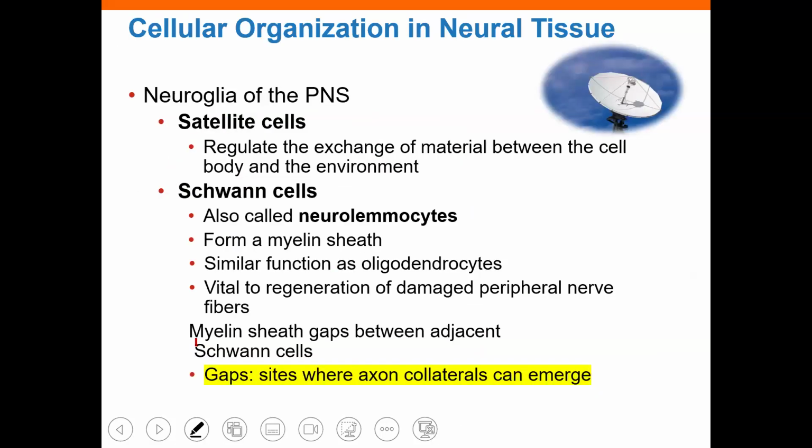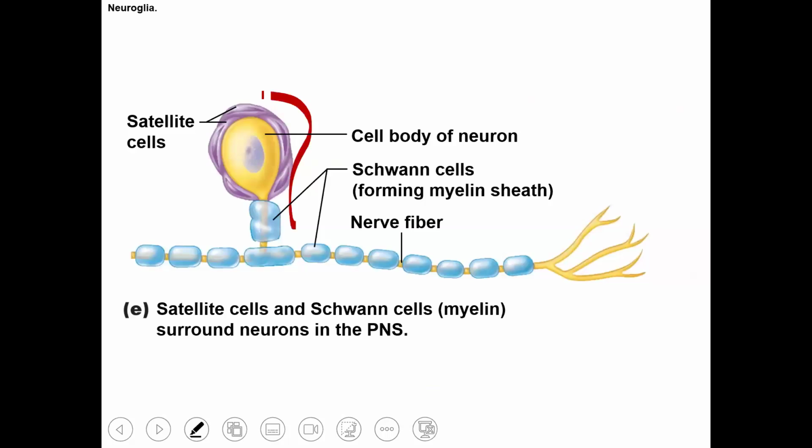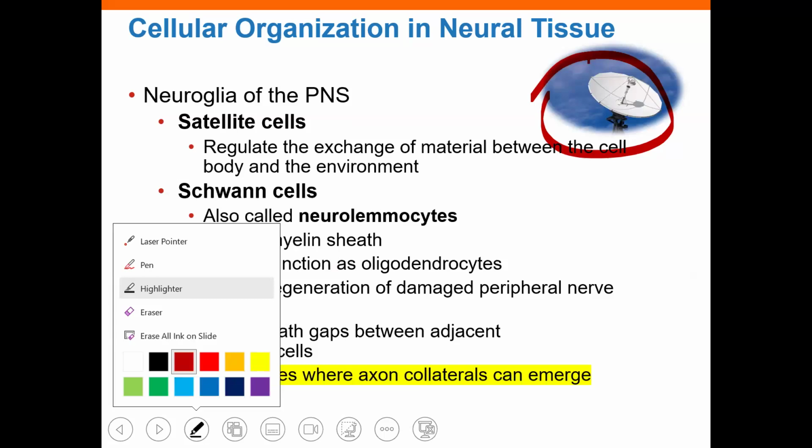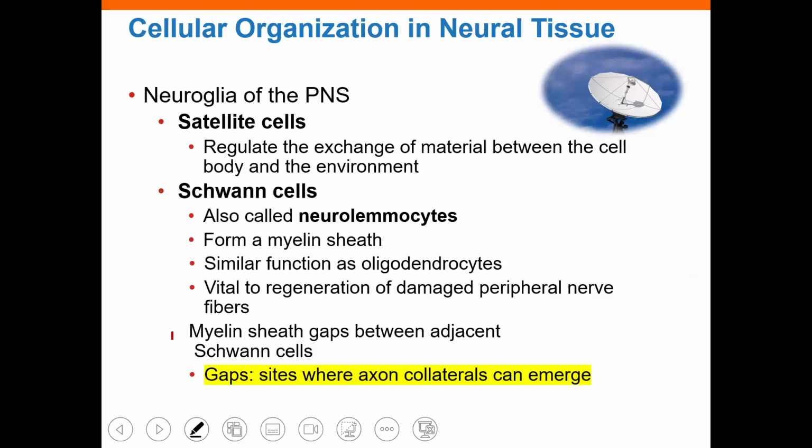So our neuroglia of the periphery here, so our satellite cells. So you can see the little satellite here, and it kind of looks like a little satellite, doesn't it? So our satellite cell regulates the exchange of material between the cell body and the environment. And then our Schwann cells, sometimes you might see them called neurolemmocytes, but we'll call them Schwann cells.